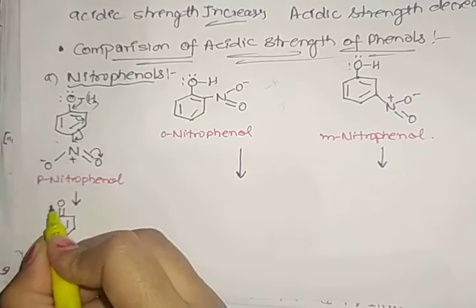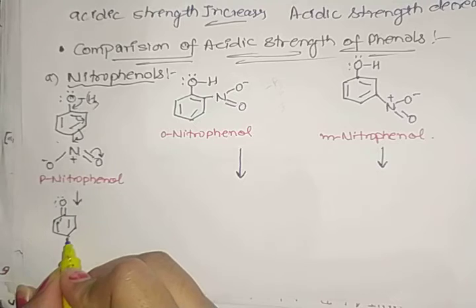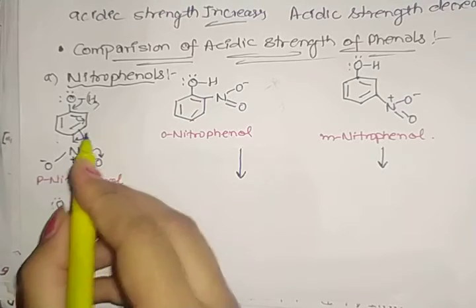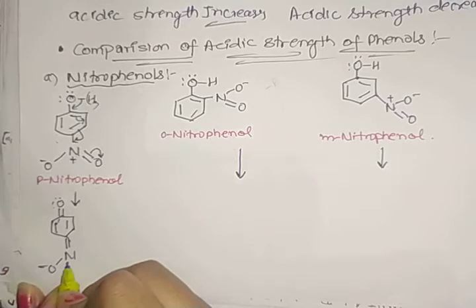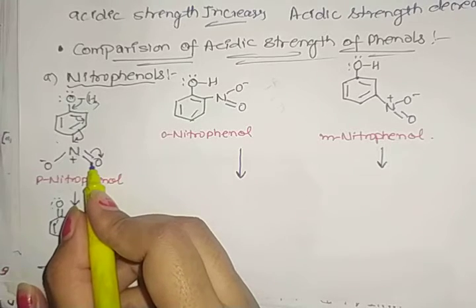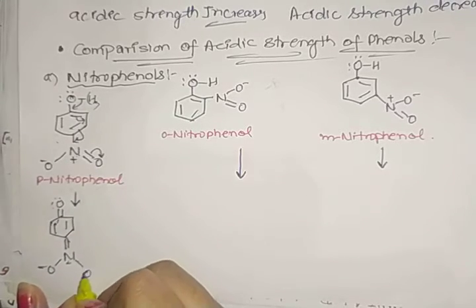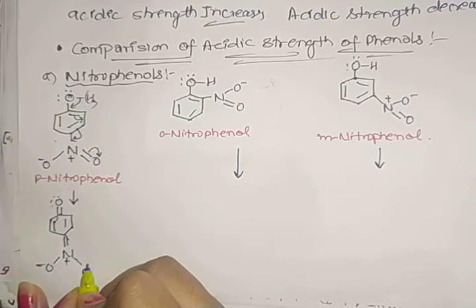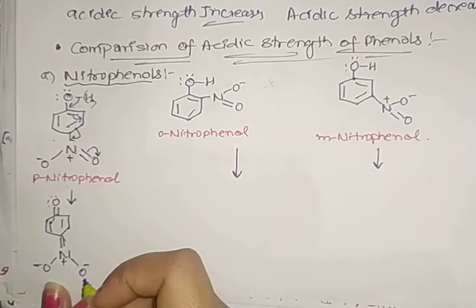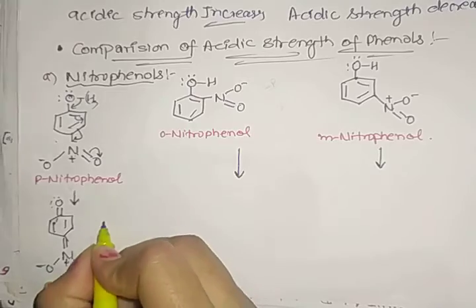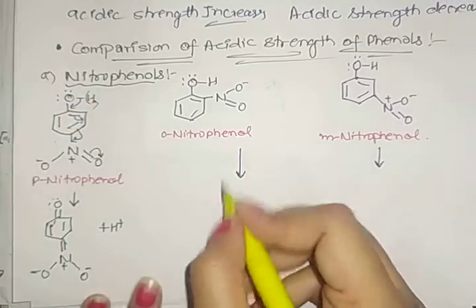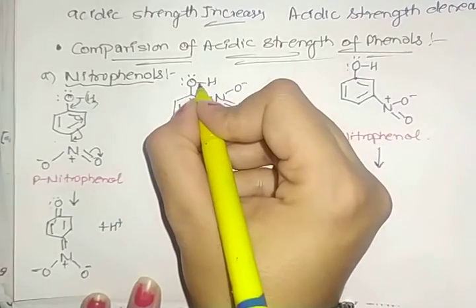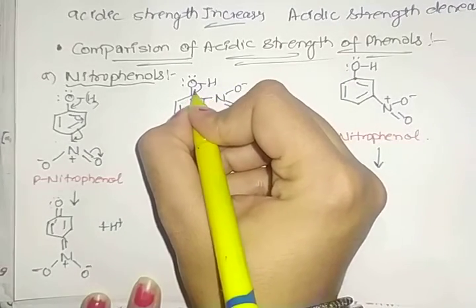So if I want to write the structure, it will be like that, and from here hydrogen is removed. I am writing the structure for the same: benzene ring, here we have double bond O, and here now a double bond arises with nitrogen. Here is a single bond already, plus here also a single bond arises, which is O negative. So this is the structure, plus we can also write H positive, which is released from here. Similarly, we do resonance on this structure, so it goes to this side.